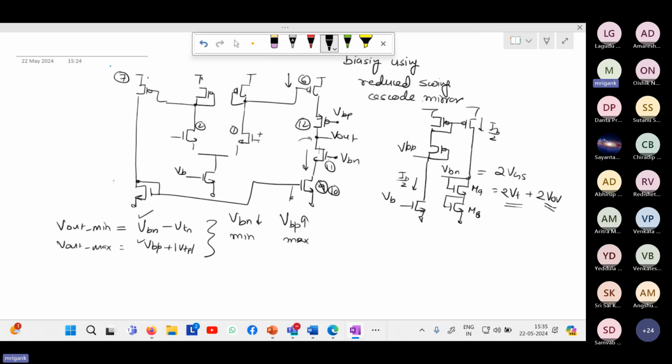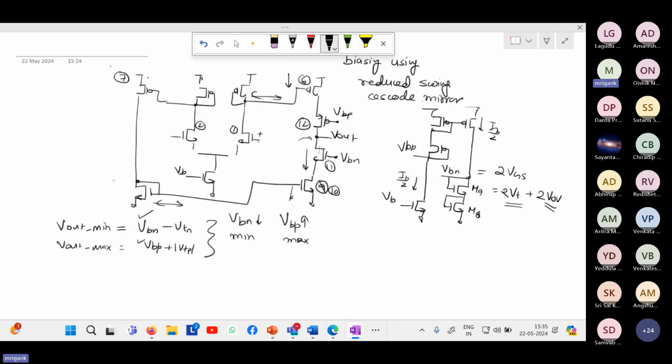So the DC bias current is decided by this, but now you are lowering the VBN by just increasing the M9 dimension. So the VGS of M11 depends upon W by L of M11 and your overall current. We are trying to keep the overall current the same, say IB by 2, because the current will be decided by the mirroring ratio between these transistors.